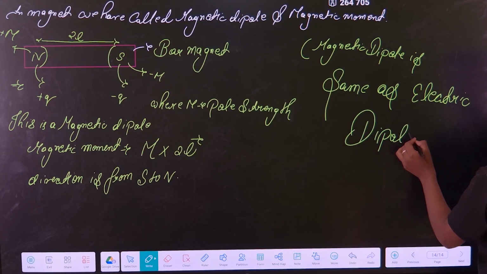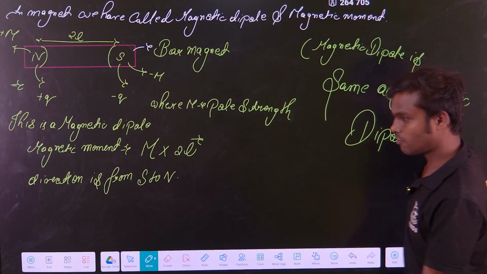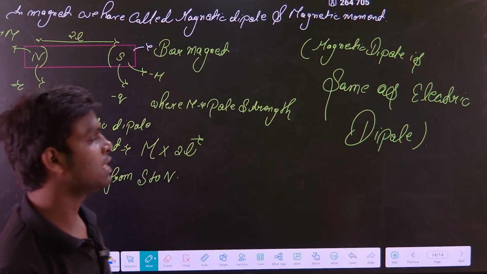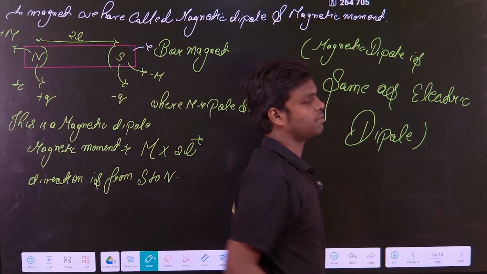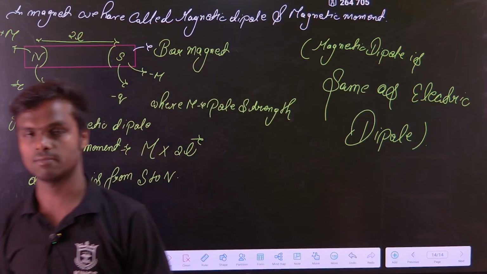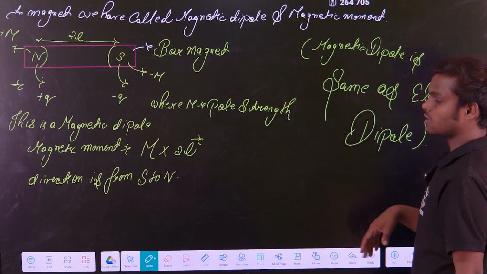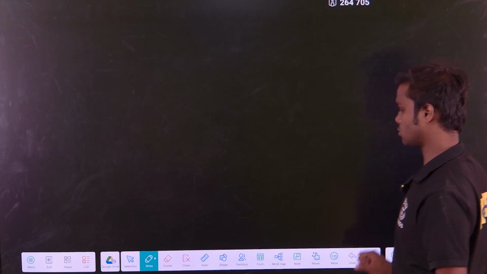If someone has covered the magnetic dipole in detail and learned from me, I guarantee you won't have any problem with it. We will discuss this in later sessions, so let us proceed further.